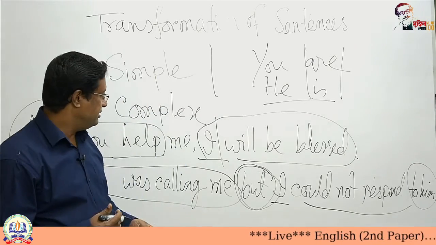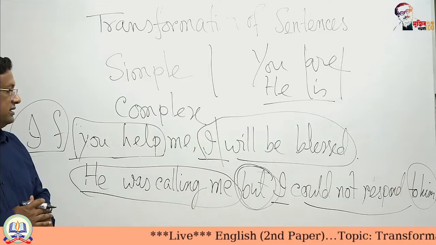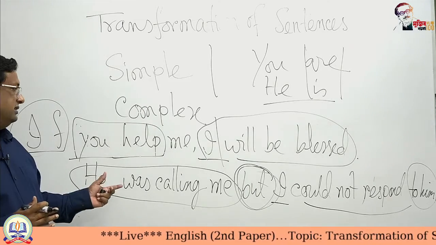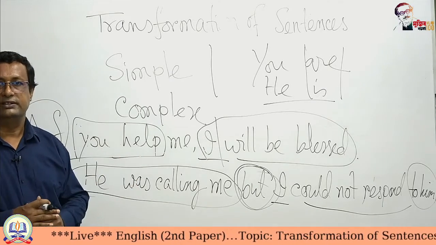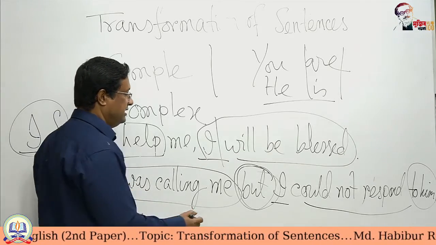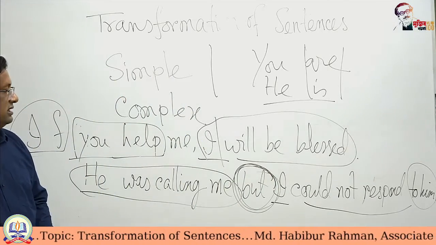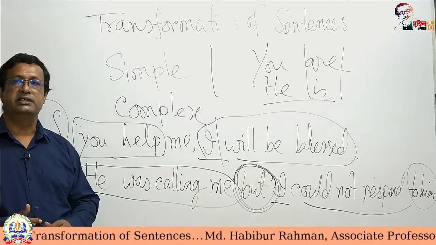So in this way, there are two independent clauses here. That is why this is called a compound sentence. And this compound sentence usually has a conjunction, and usually we get the conjunction in the middle of the sentence.